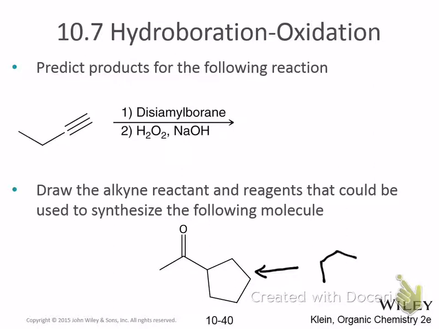But the alkyne has to be what? Has to be terminal, because you can't fit a triple bond there, right? So if I use disiamylborane, where would the OH get attached? To the left side, and what would I end up with?